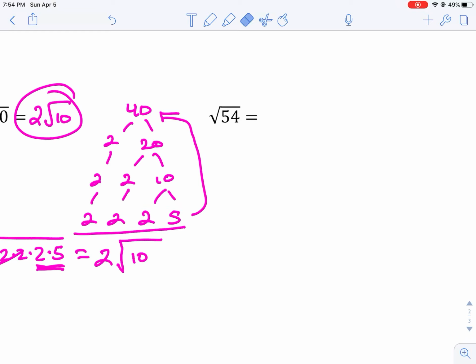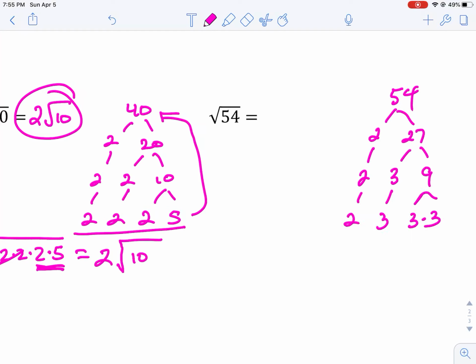Let's try this one, the square root of 54. Let's do 54. That's 2 times 27. 27 is not prime. That's 3 times 9. And then 9 can go again. So 2 times 3 times 3 times 3.